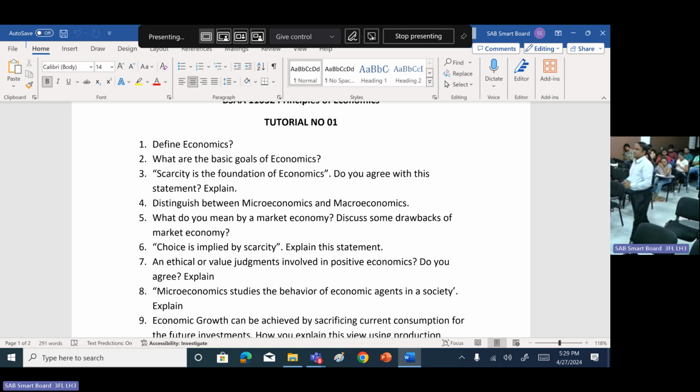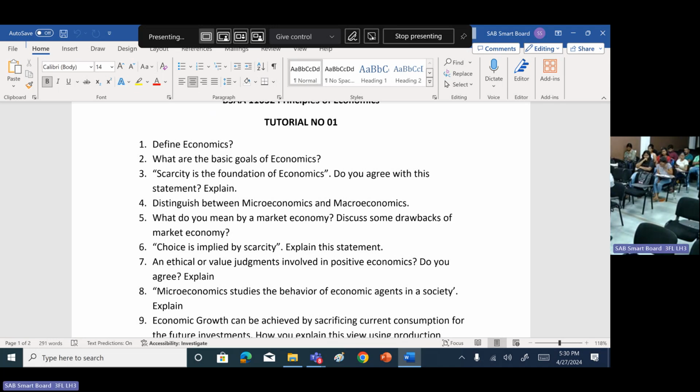We can differentiate by looking at the objectives and the nature. For example, micro means we look at the individual's behavior, macro means we use the overall aggregates, economic aggregate behavior. What is the objective of microeconomics?